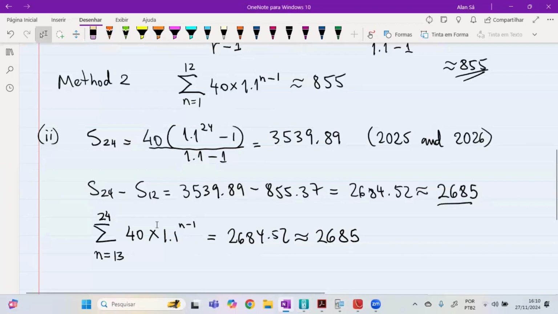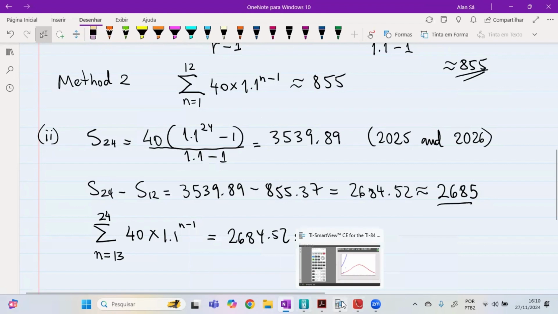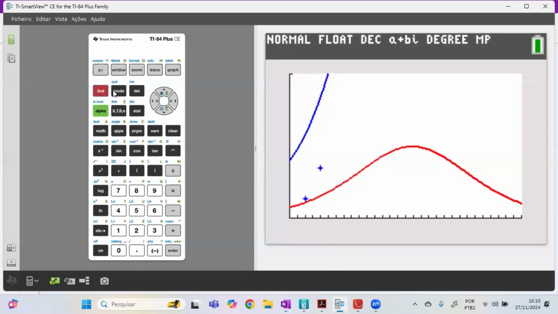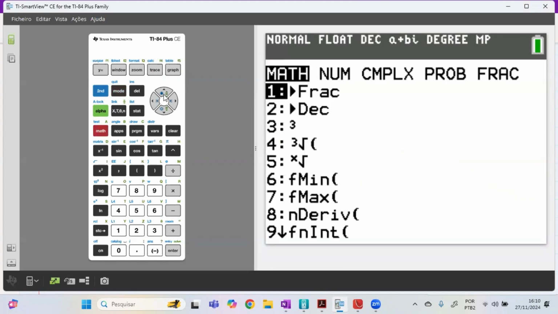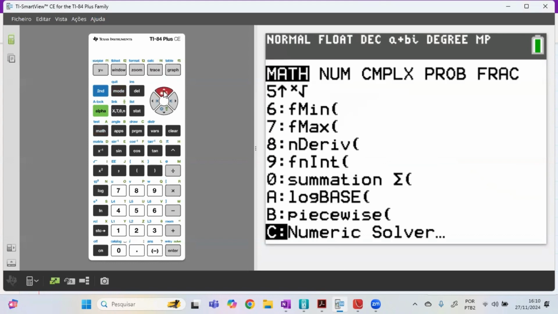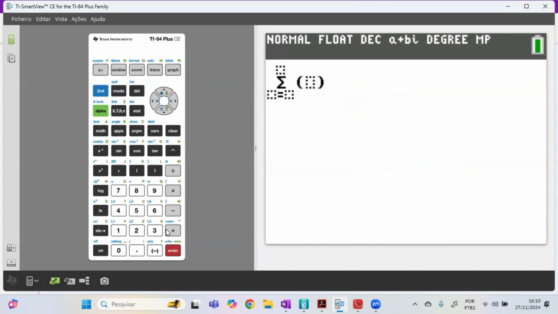This same process using sigma notation can be used in the calculators. On the Casio, if we go to the normal screen, we go to math, and then we select summation. And then it's the same idea, come here and use X, for example, for the first answer, 40 times 1.1 to the power of X minus 1.